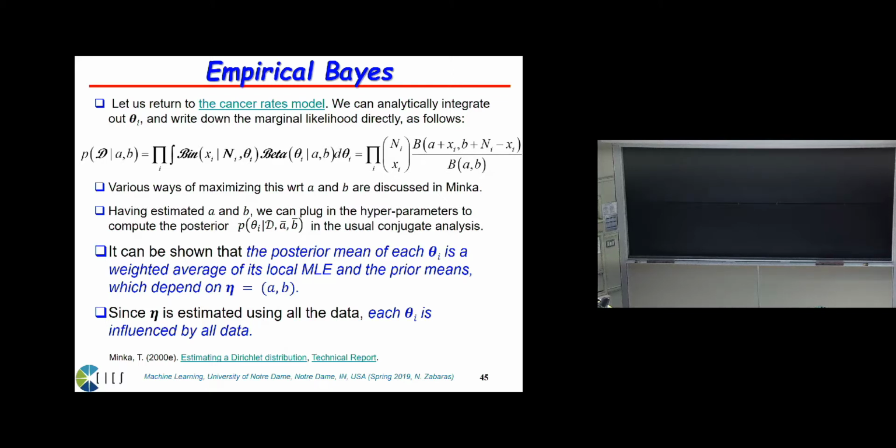In your homework, there must be some way to optimize this with respect to alpha and beta, and the reference is, I'm assuming, the report of Minka, and most probably the TA gave you the program to do this optimization. Out of curiosity you may want to look at it, because tomorrow you may want to generalize this to something else. You don't have to do this analytically, so if you find some numerical way of doing it, you can do that as well.